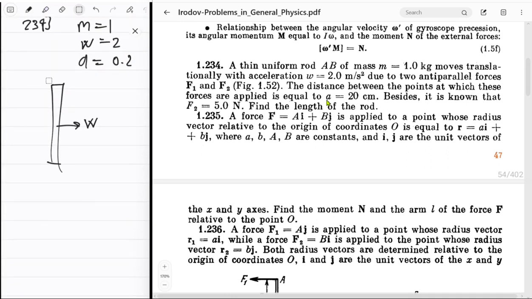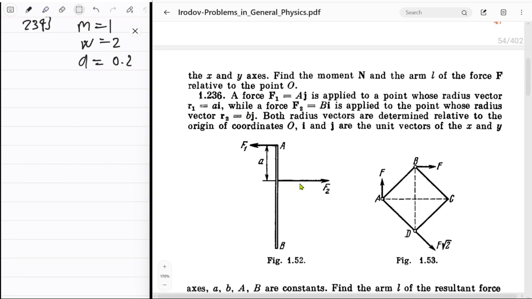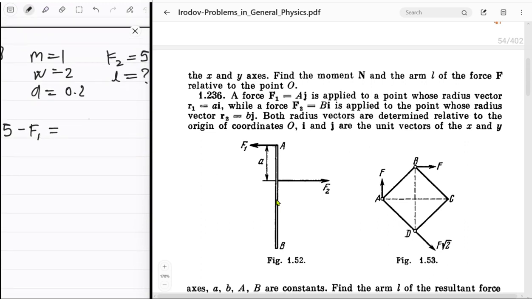Okay, cool. It's gonna be easy. So, right, F2 minus F1. So you know what F2 is, right? F2 is given as a bigger value, so we'll assume it's going to the right. So F2 was 5. 5 minus F1 is equal to M times W. In this case, A is a different thing.